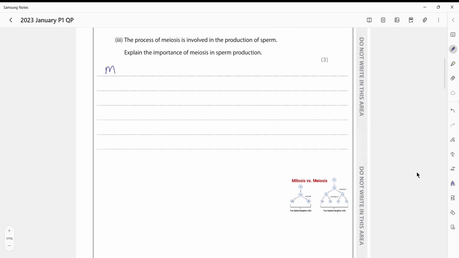So, meiosis halves the number of chromosomes from diploid to haploid.